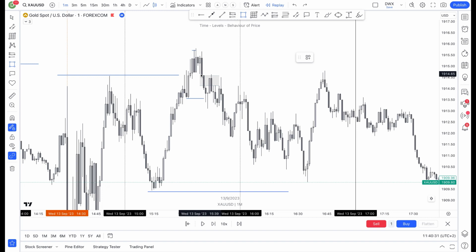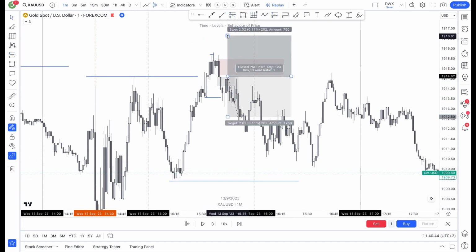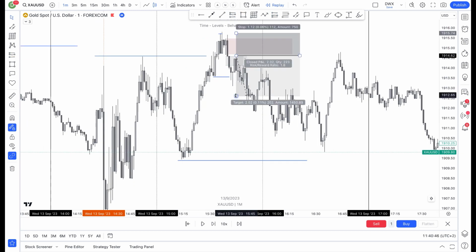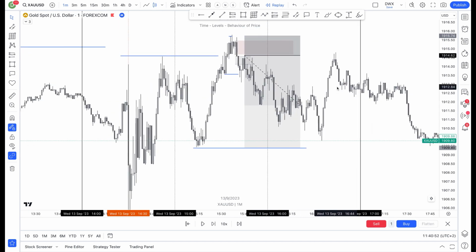We also have an order block over there, or a level of supply and demand. So as price then entered into that area, that is then where we're looking for a sell with stop loss above the high. Take profit is at the nearest sell side liquidity. So that is in general the idea of the trade.